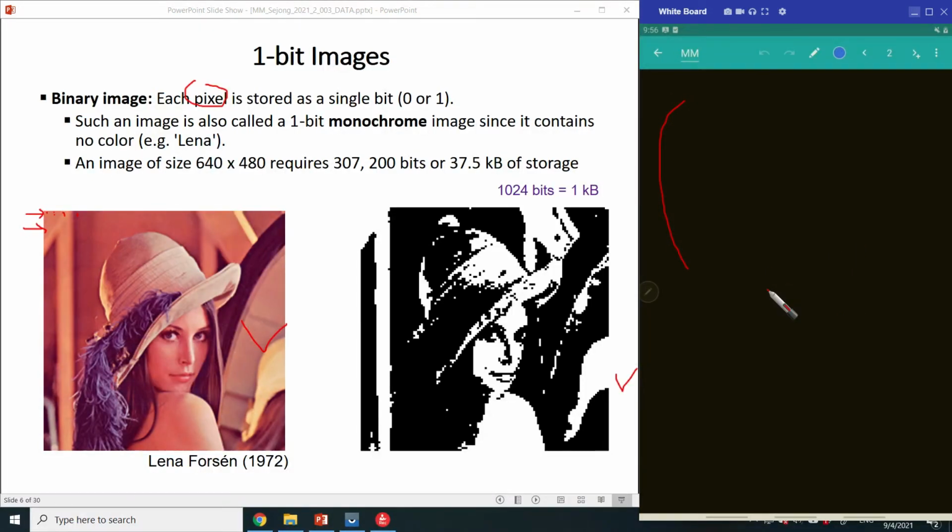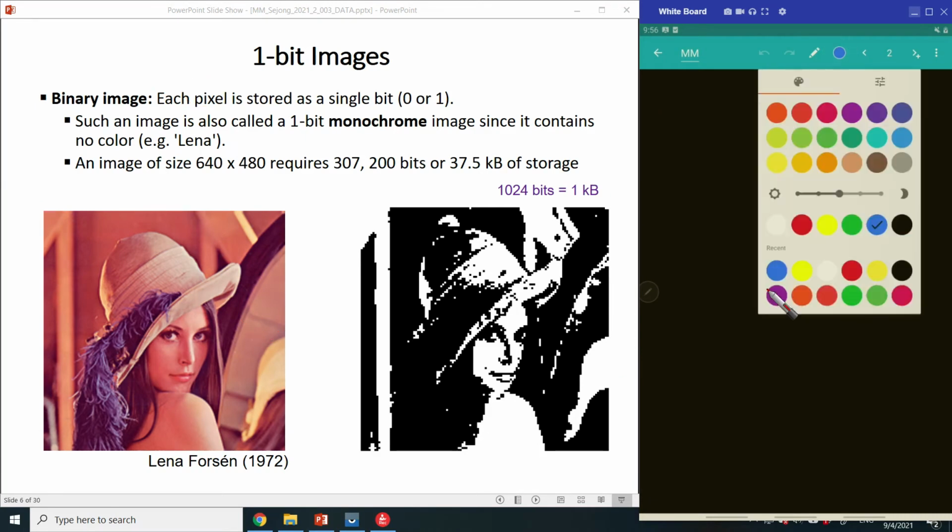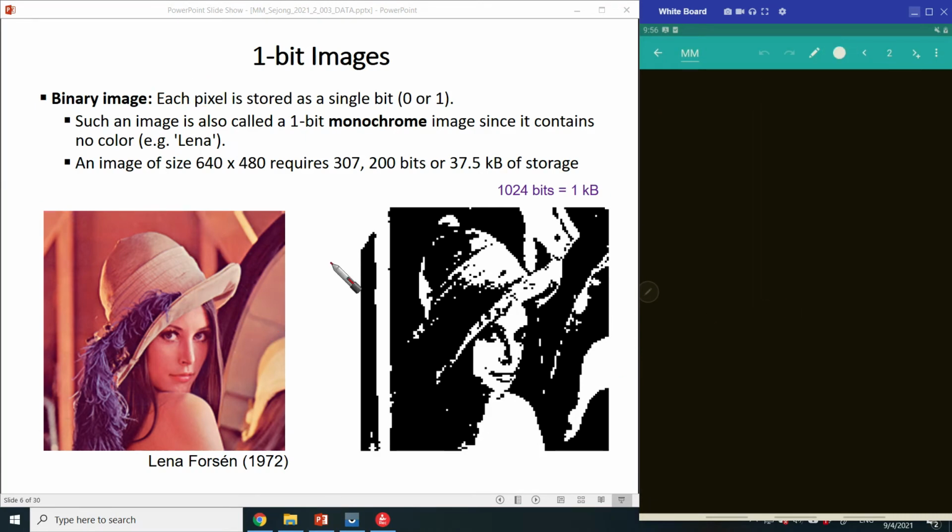Now if we consider it in this manner, let's say an image size is 640 by 480. So what does that mean?